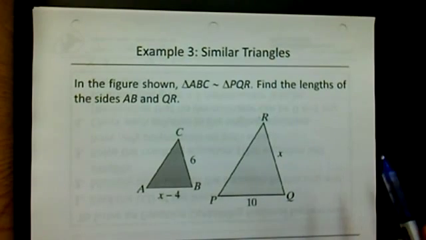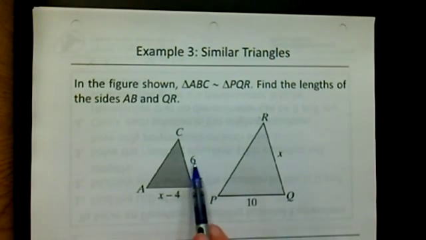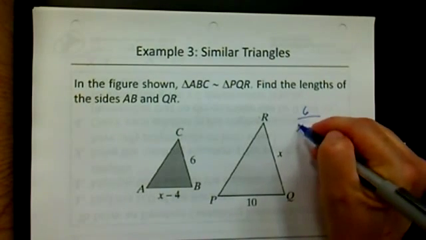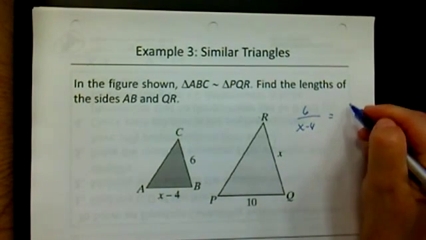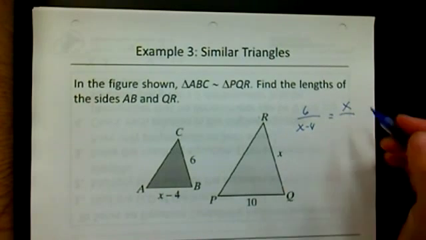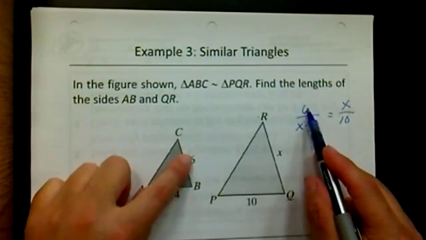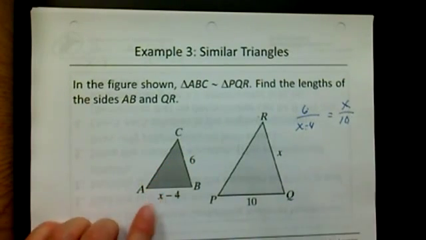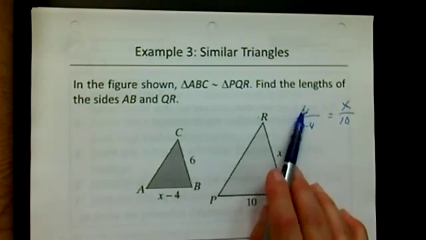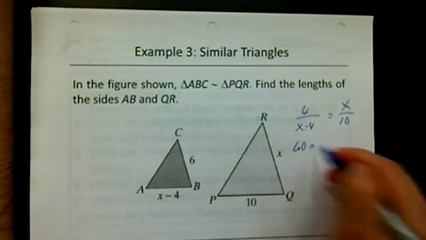So if I look at it, I can say 6 is to x minus 4 as x is to 10. Meaning that I've got my sides that are matching each other in here. Okay? So cross multiply. If I cross multiply, I get 10 times 6 is 60.